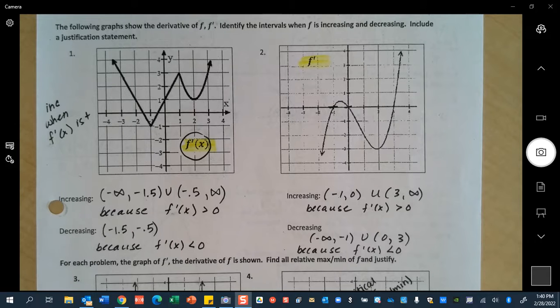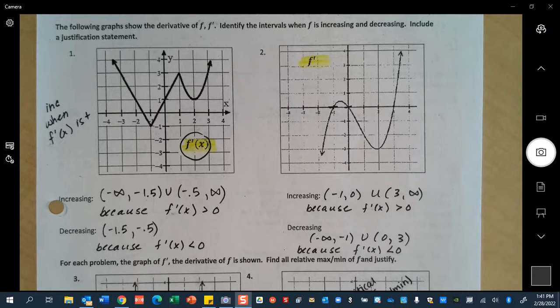Anytime that my acceleration and my velocity have the same sign, then that's when I am increasing. Here I am increasing at a decreasing rate. Here I'm increasing at an increasing rate. And then here we can talk about that slope of that tangent line, about what happens there, and we're going to have some of those conversations.